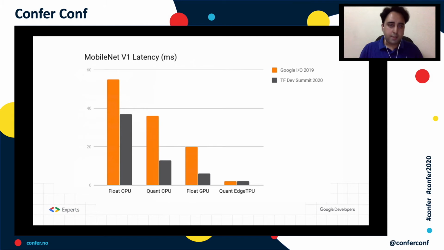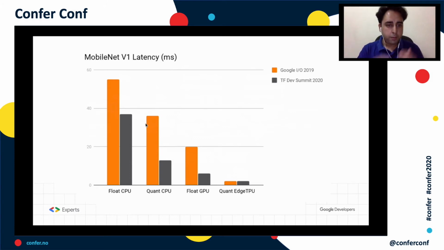So as you can see here on the screen, there is the TensorFlow Lite that was used during Google I/O 2019, and the TensorFlow Lite version that is used in TensorFlow Dev Summit 2020. For the same deep learning architecture, this MobileNet V1 architecture, the latency is significantly lower compared to that one in Google I/O 2019.